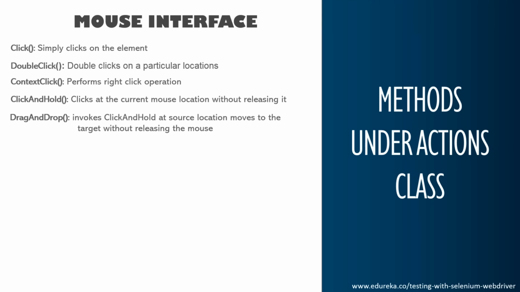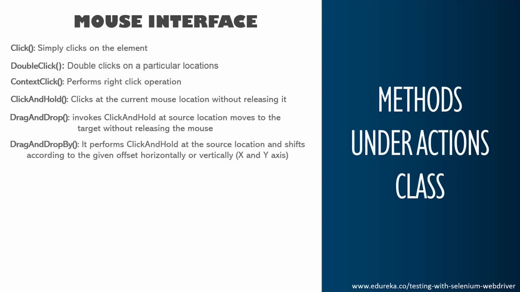So this is about the drag and drop method. Now let's take a look at the drag and drop by method. This has basically three attributes. This drag and drop by method performs click and hold at the source location by shifting to the given offset horizontally or vertically. So this is about the drag and drop by method.